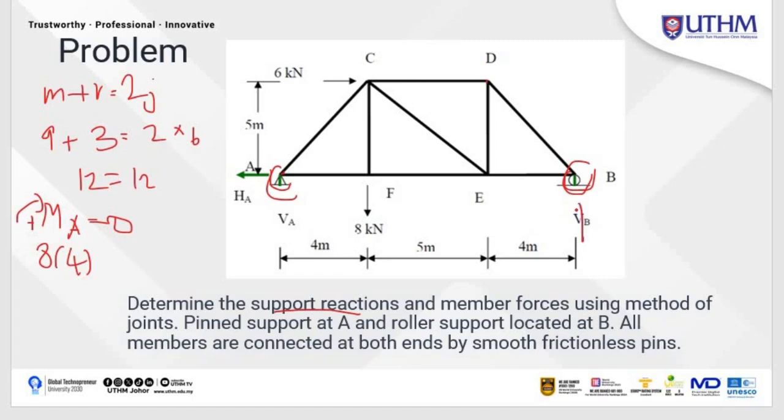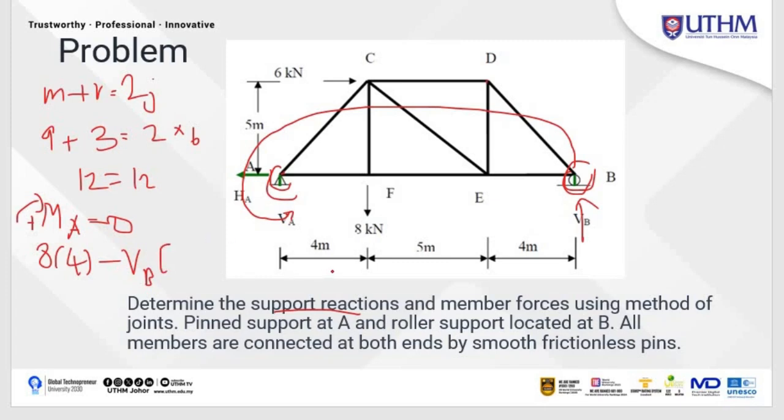Then we assume the support reaction direction is upwards, so we have negative VB, because the upward direction moves around point A in a counterclockwise direction.